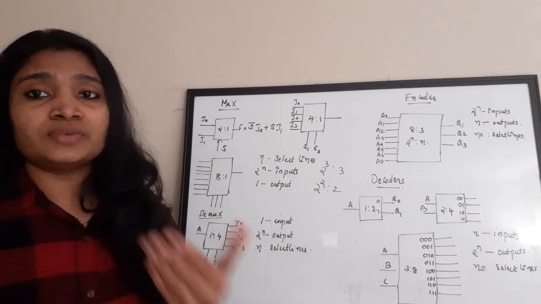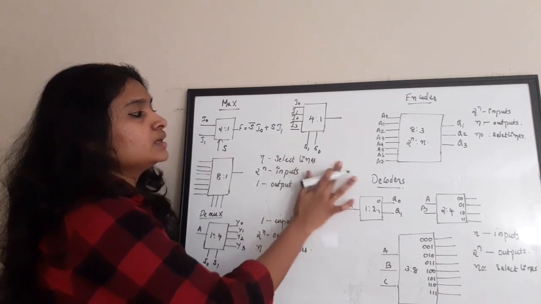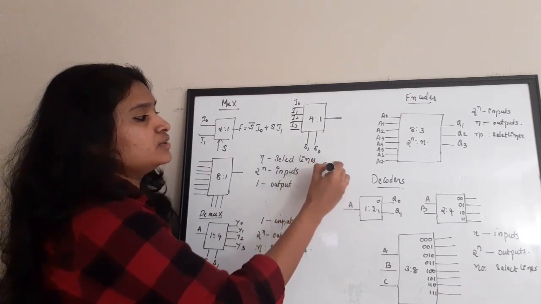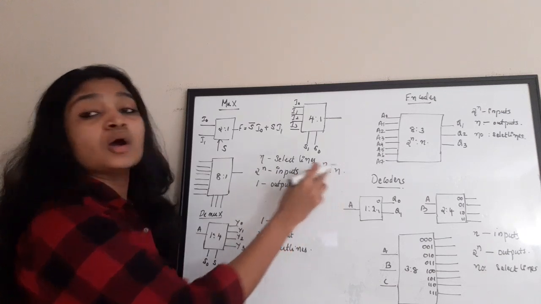Okay, 2 raised to n is the case for an encoder: there are 2 raised to n input lines and n output lines.